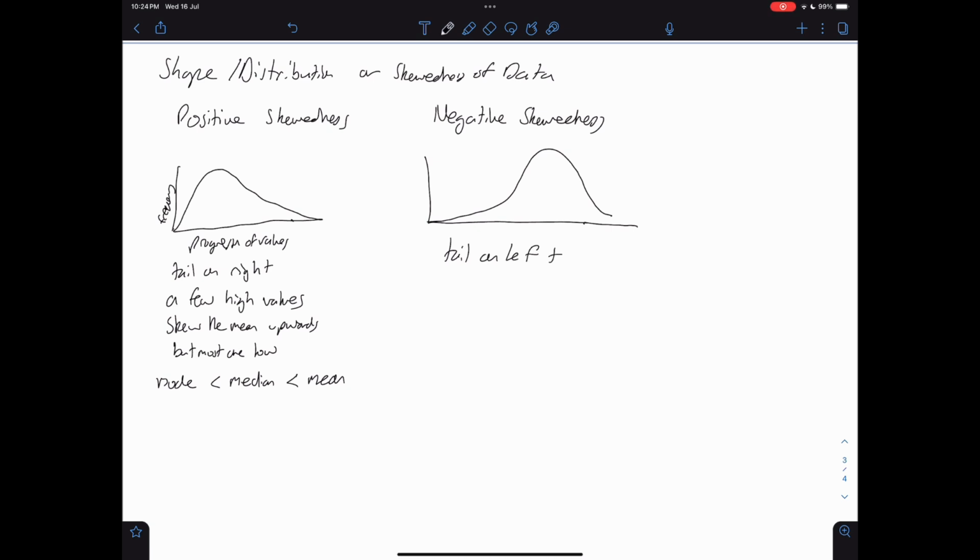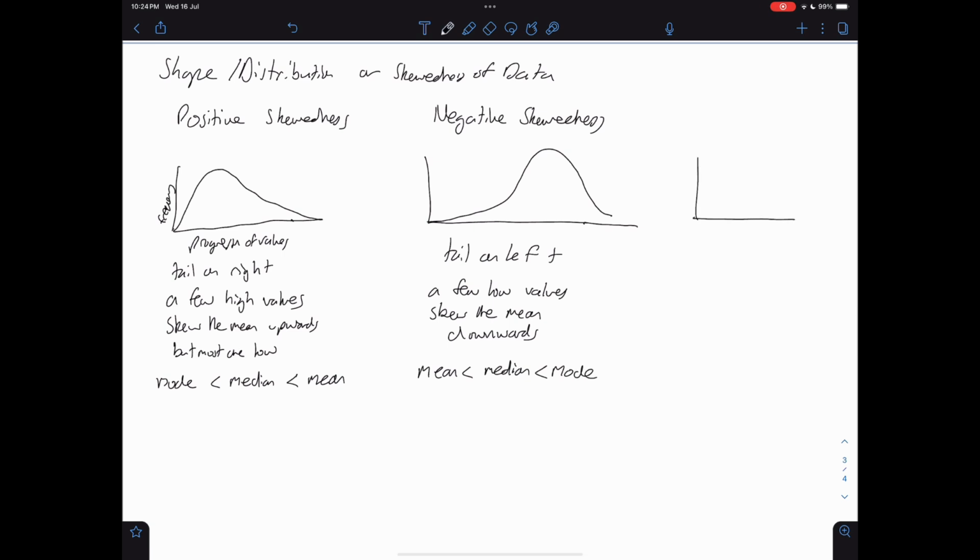And this is saying a few low values skew the mean downwards. So the mean is the smallest because it's getting skewed the most, which is smaller than the median, which is smaller than the mode.